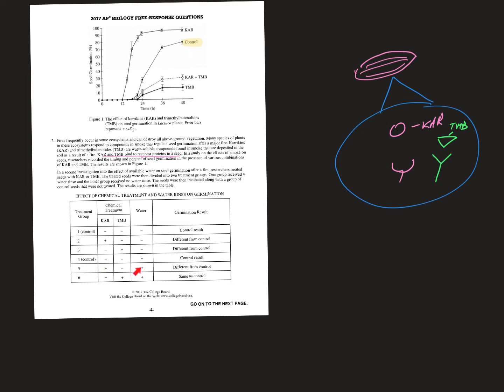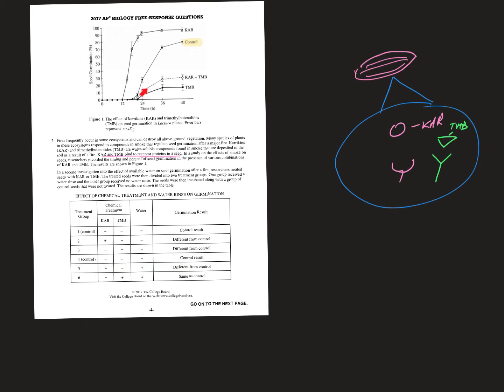When I add KAR, it's different from control, and when I add TMB, it's the same as control. Now, isn't that interesting? When I rinse with water and add TMB, the effects of TMB go away. When I add water and add KAR, you're still getting a result, something that's different from the control group.